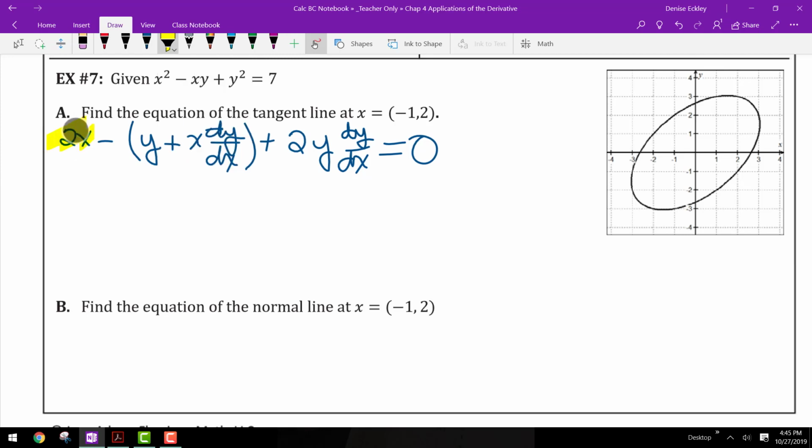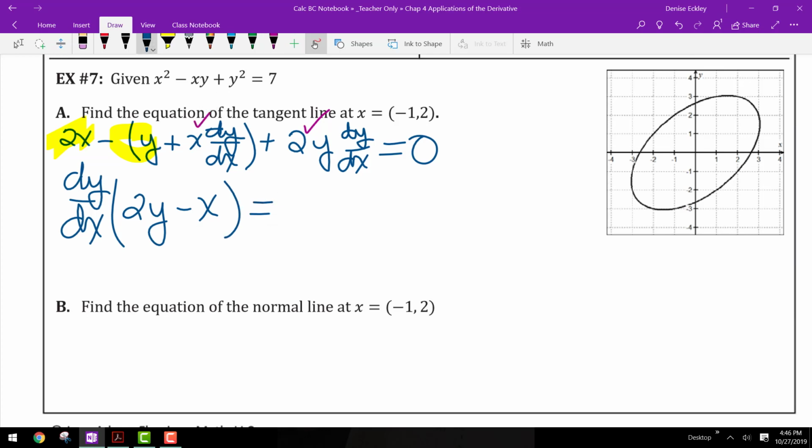So taking the 2x and the minus y to the other side, and factoring out the dy dx, we are going to have dy dx is going to equal the 2y from here, and then minus x from here.